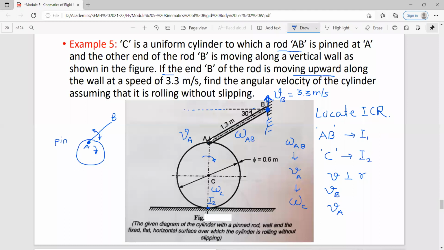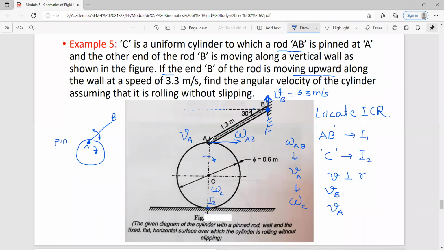Okay, so point A, if you see its motion at this particular moment, this cylinder is turning like this about point I2. So point A will go tangent to the circle, obviously. So I will draw a tangent to the circle like this. It can be left also. I don't know initially what the direction is.